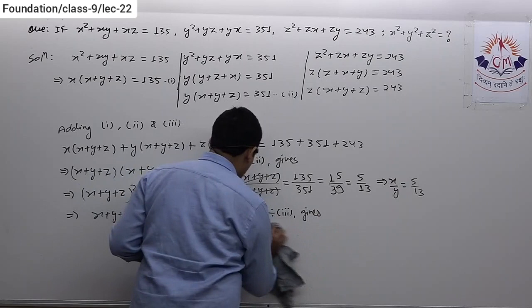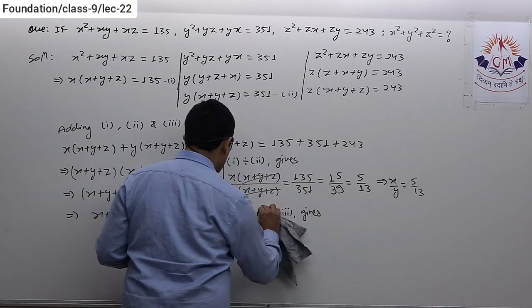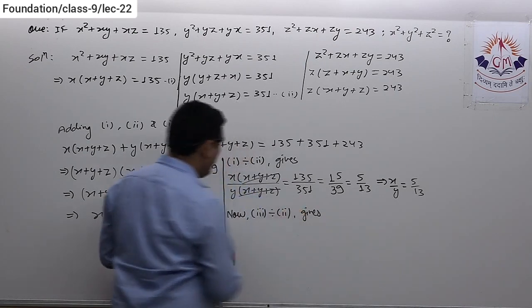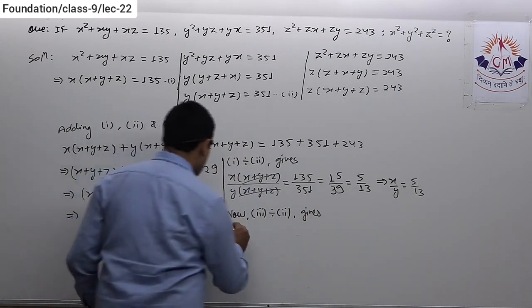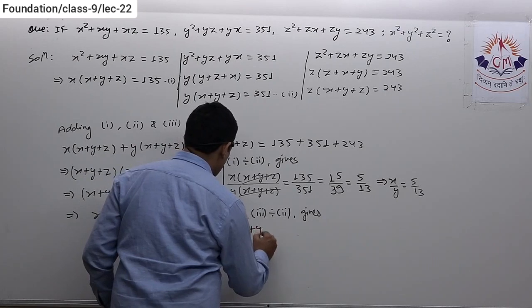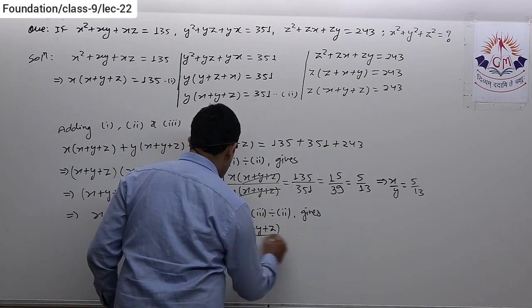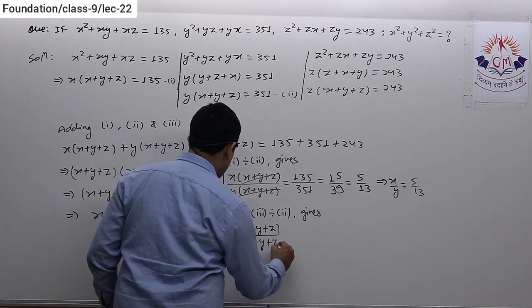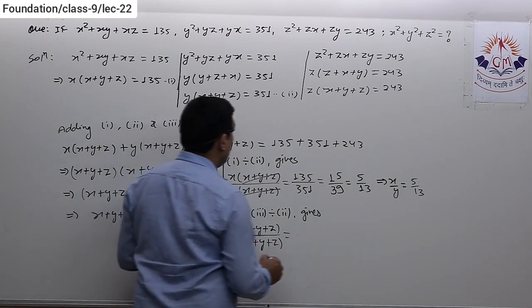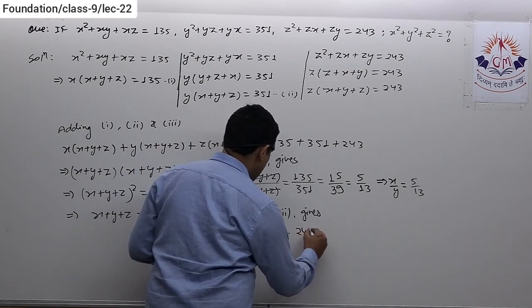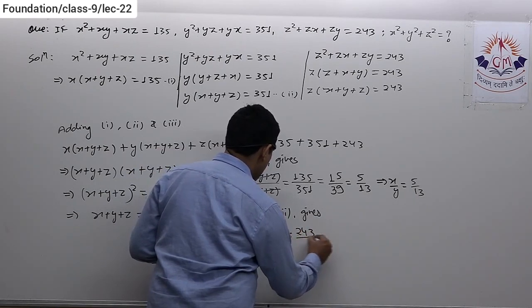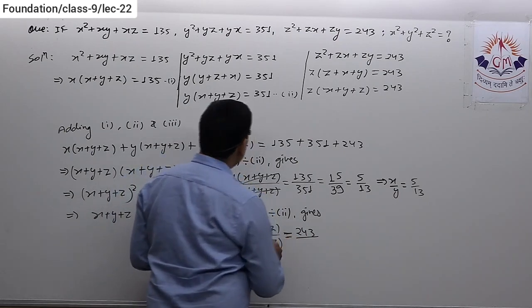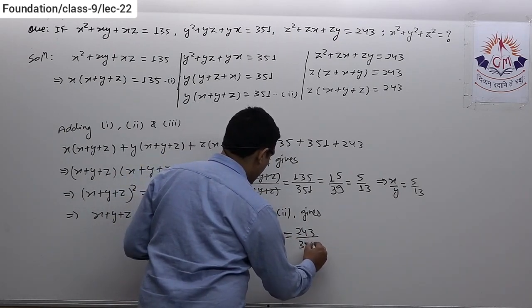Here y is in the denominator, so I am keeping y in the denominator and changing it a little bit: the third divided by the second. The third is z times (x plus y plus z) upon y times (x plus y plus z), is equal to 243 upon 351.